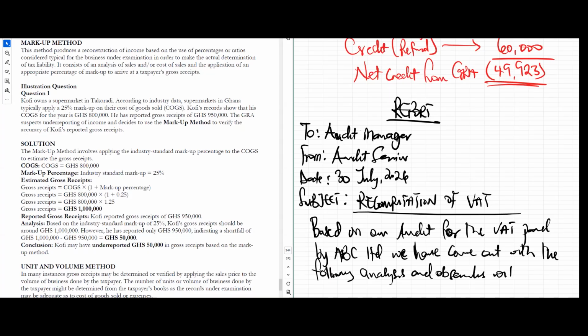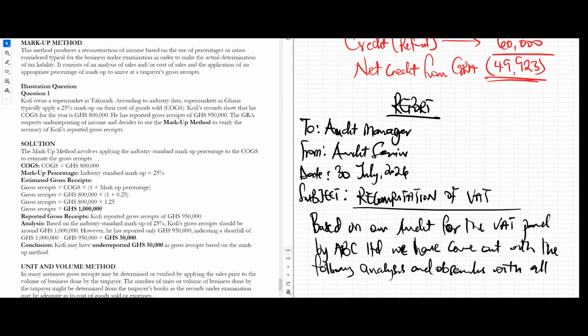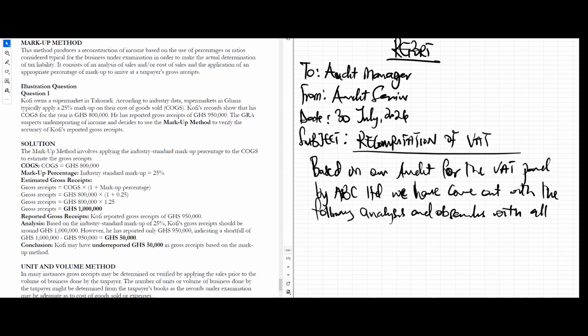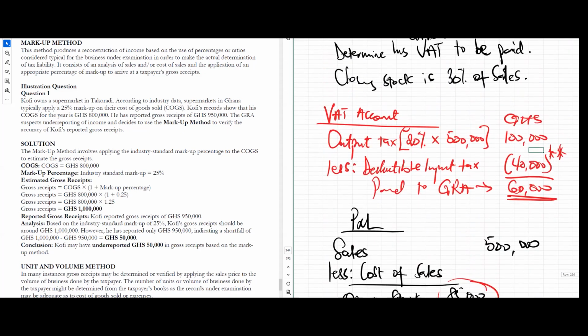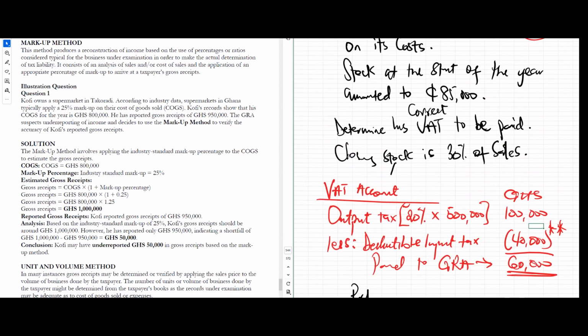With all detailed calculations in the attached appendix. So the appendix was actually the calculations that we did at the top there. All these calculations we did, we could have called it the appendix. Do you all agree?